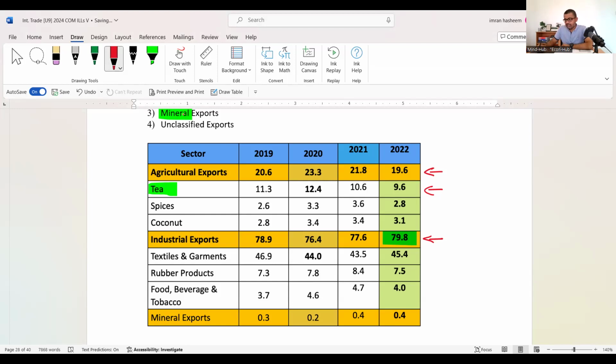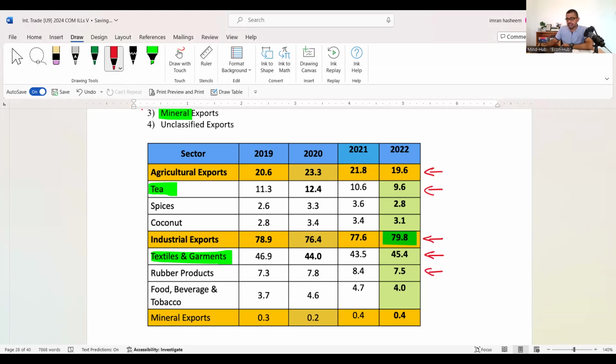Okay. Then what are the main contributors under the industrial export sector? The single biggest item is textiles and garments. So that is absolutely something you have to know, textiles and garments, where the contribution has also steadily increased, as you can see, from 2020 to 22. Then another main contributing item is rubber exports. So here we will try to remember 2 because that is the main sector.